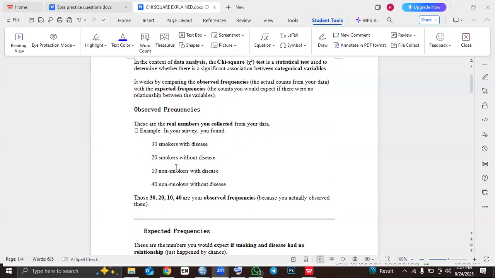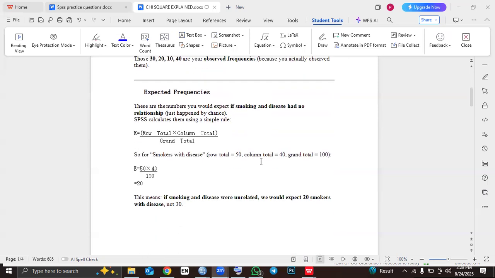So in your data, you were able to get 30 smokers with the disease, 20 smokers without the disease, 10 non-smokers with the disease, and 40 non-smokers without the disease. So the frequencies here, that is the 30, 20, 10, and 40, become your observed frequencies because that is what you actually observed when you were taking your data.